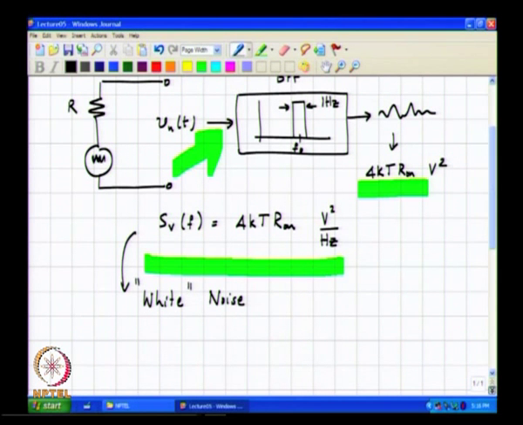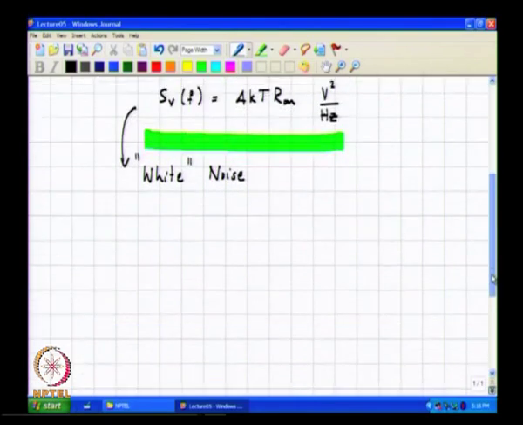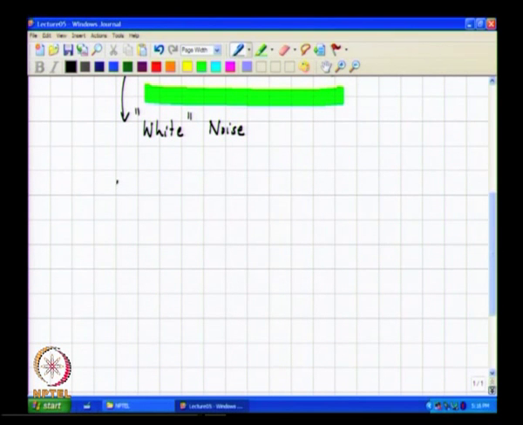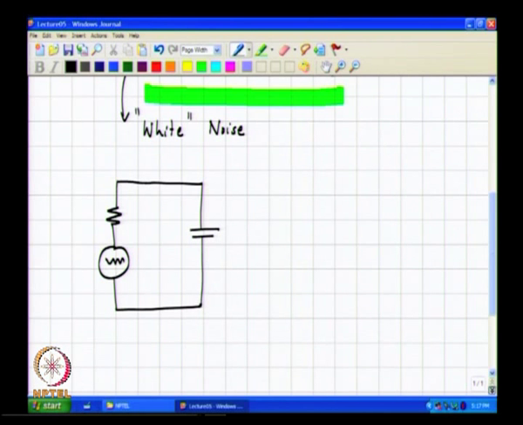All right. Now, let us see what happens when I take the track and hold, in the track phase, when the input is 0.